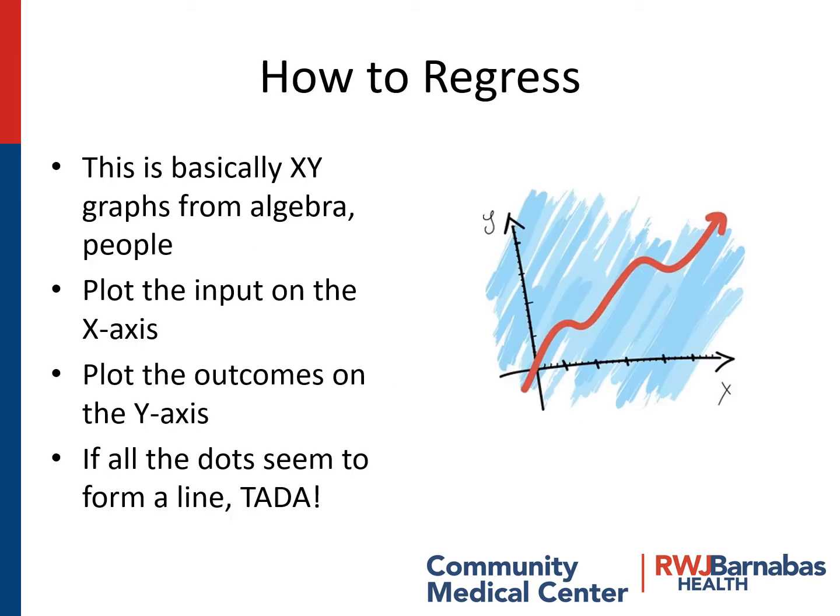So a regression analysis is a fancy schmancy term for an XY graph from algebra. So you plot the inputs, which are usually reserved for the purported cause of a phenomenon, and you plot the outcomes or the purported effect on the y-axis. And if those dots seem to form a line, you've got a regression analysis.